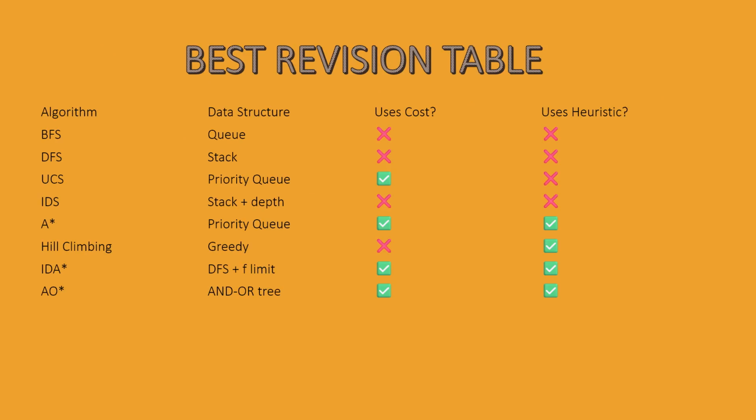Now, this is a revision table for whatever we have done today. BFS, DFS, UCS, A star: what uses cost, what uses heuristic, what is the data structure associated. This is very important.